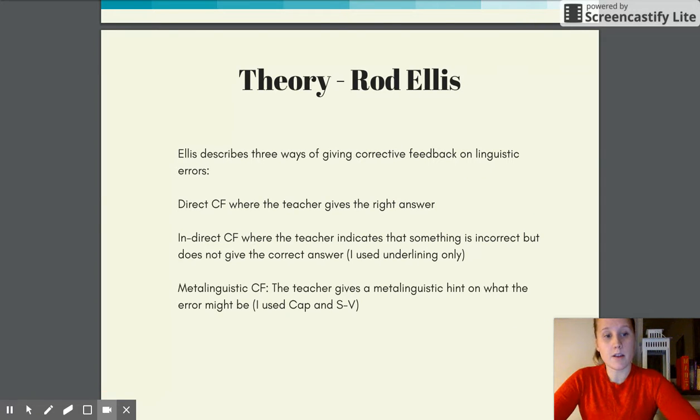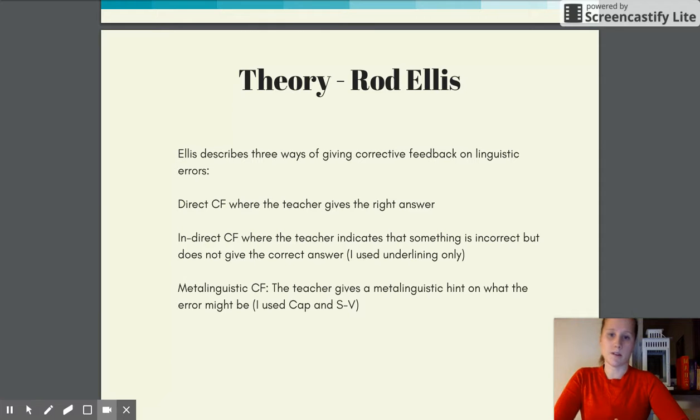Furthermore, the theory that I used during my analysis was Rod Ellis' typology on written texts and how to give corrective feedback on linguistic errors. There are 3 ways of giving corrective feedback.